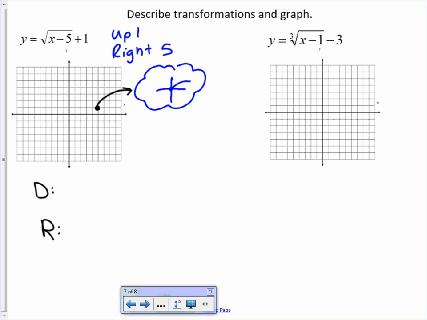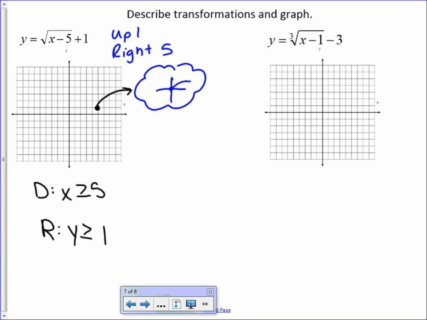Does 0 work anymore? Does 1? 2? 3? 4? 5? 5 works? So x is greater than or equal to 5. Range would be y is greater than or equal to 1.